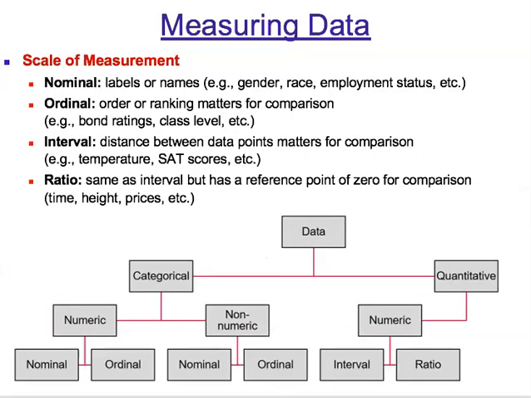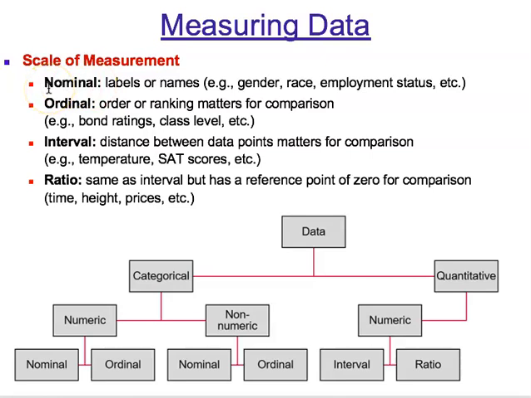The scale of measurement with data also is important. Here we have four ways of understanding scale. Nominal involves labels or names. So we might say that when it comes to employment status, someone is employed or unemployed. When it comes to race, we might say black, white, Hispanic, Asian, among other categories.